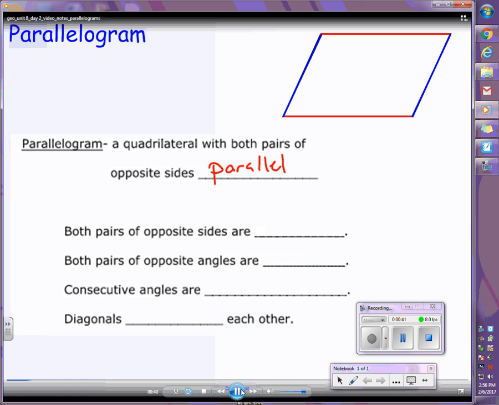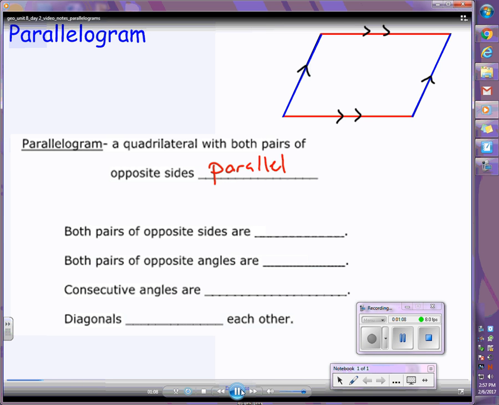So what that means is the two blue sides are the shortest sides and they're across from each other, so they're opposite. So we're going to indicate that they're parallel by adding the arrows. That also means the two red sides, which are the longer sides, are also across from each other, so they're opposite and they're also parallel. So give them arrows as well.